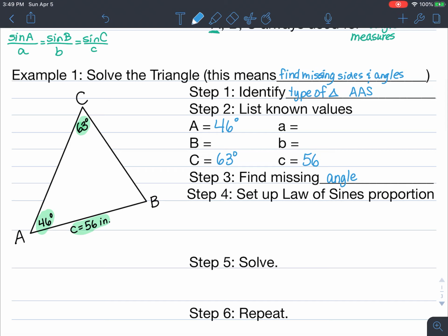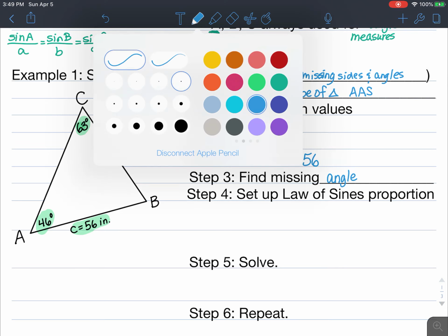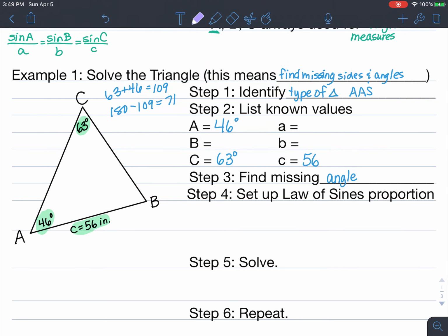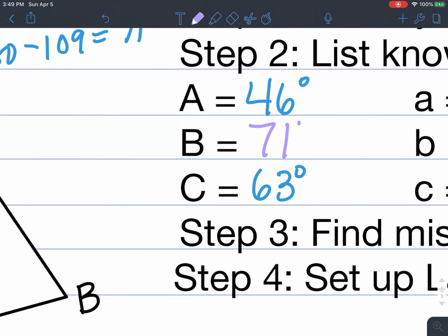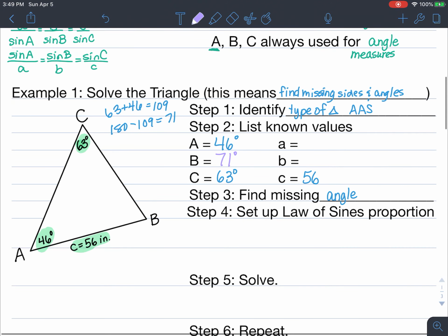So if I add 63 plus 46, I get 109. And then if I subtract that from 180, I get 71. And so 71 then is the measure of angle B. So let's fill that in, because we're going to need that.